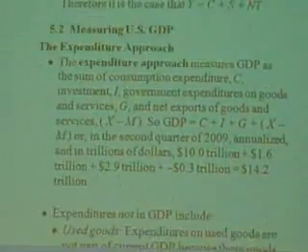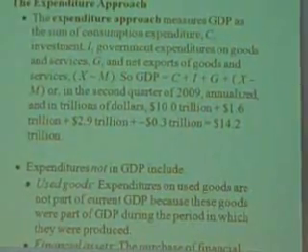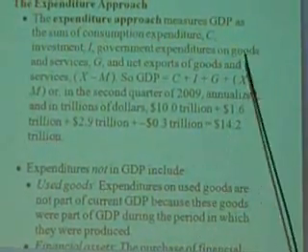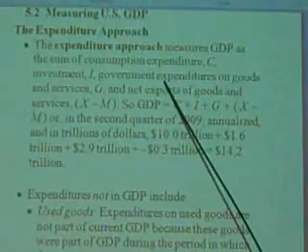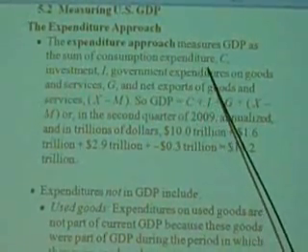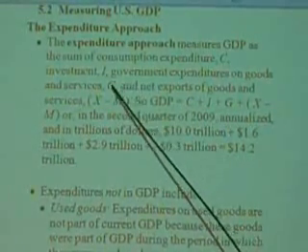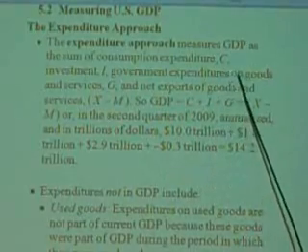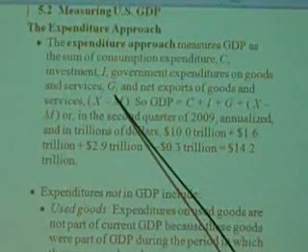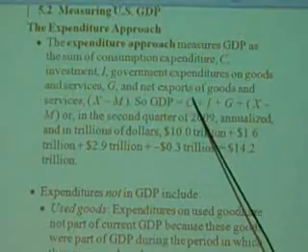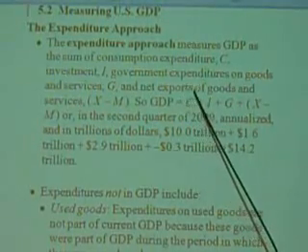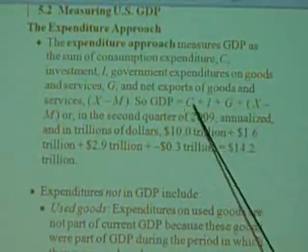There are two methods. The first one is the expenditure approach. It measures GDP as the sum of the consumption expenditure, which is C, the investment, I, government expenditures on goods and services, which is G, and net exports, key point, exports, not imports, of goods and services.